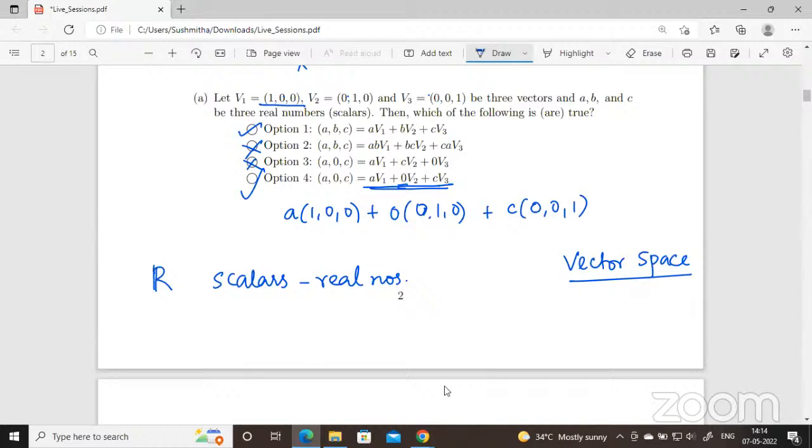That is why all these are vectors for us. From week 3, you will understand that all these are vector spaces, and that's why their elements are called vectors.